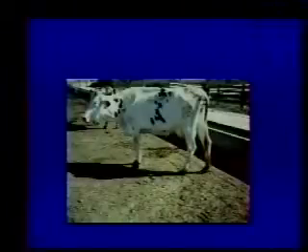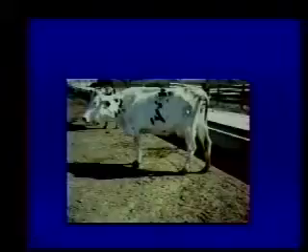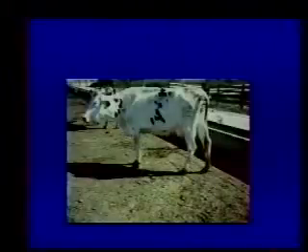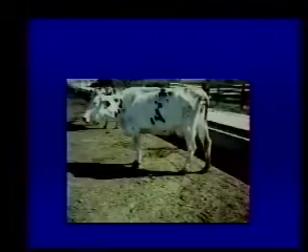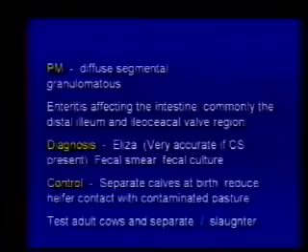And they usually present as animals that have lost weight, they're thin, they have a profuse, watery diarrhea. When you look at this diarrhea on the ground, it tends to bubble up. It has some bubbles, and that is due to some fermentation that is taking place in the hind gut.